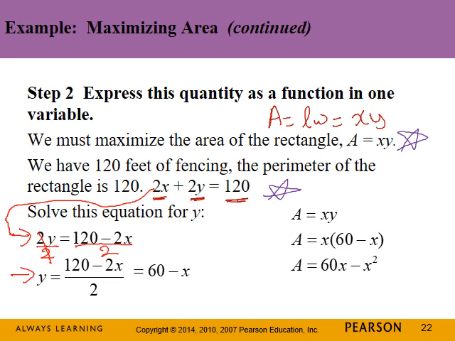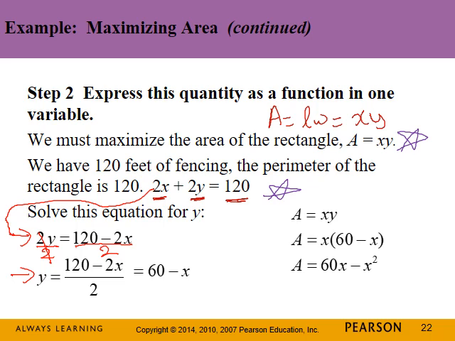If you break that apart into 120 divided by 2 minus 2x divided by 2, you can see that 120 divided by 2 gives you 60, and the minus in the middle, and then 2 divided by 2 cancel out, so you get your x right there. We end up with 60 minus x is what y equals.